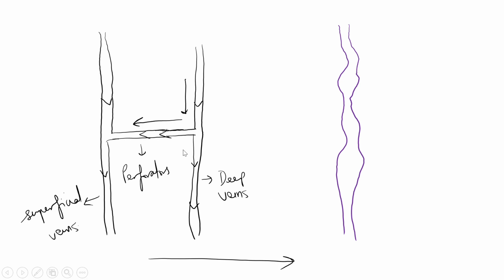If this happens for a long time, it can become like this. In this picture you can see that the vein is elongated, dilated in some places and bent in some places, so it can lead to the formation of varicose veins. So increased pressure can lead to varicose veins.